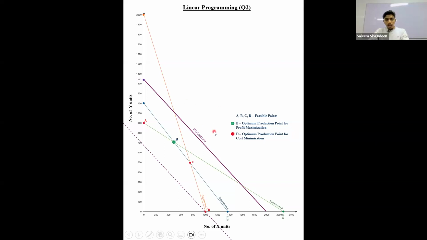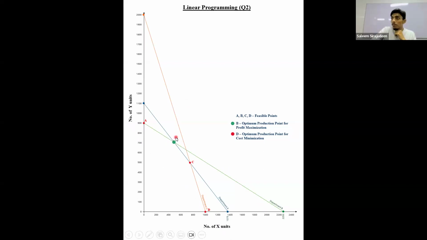Now the next one. What is our optimum production point for profit maximization? Point B. At this point, what are the limiting factors? What are the two constraint lines getting intercepted? Department A and Department B. For these two, we call them binding constraints.